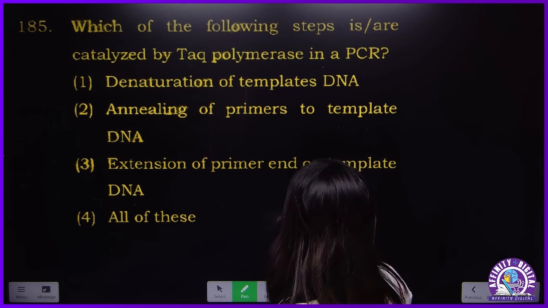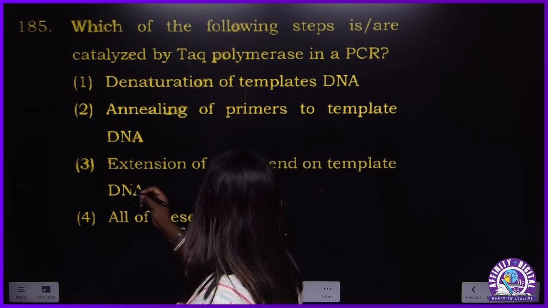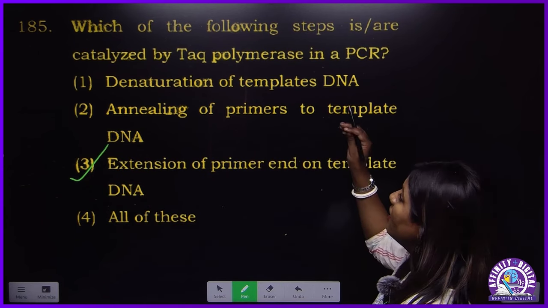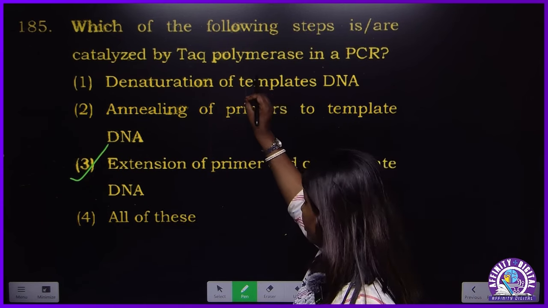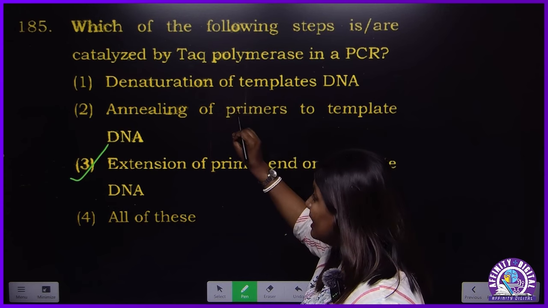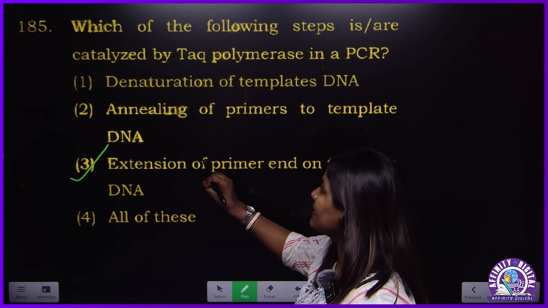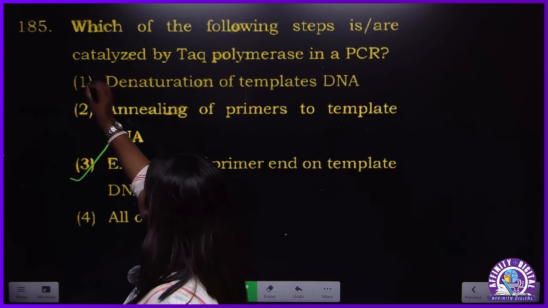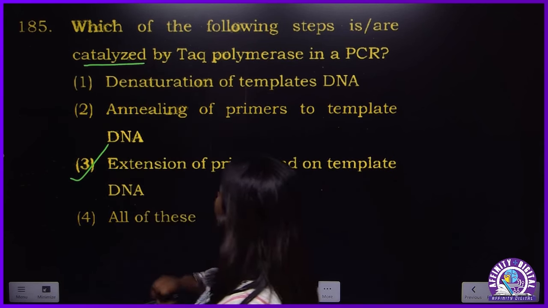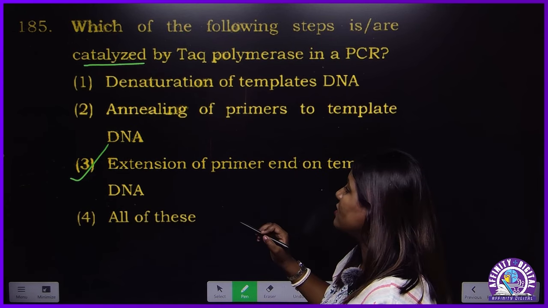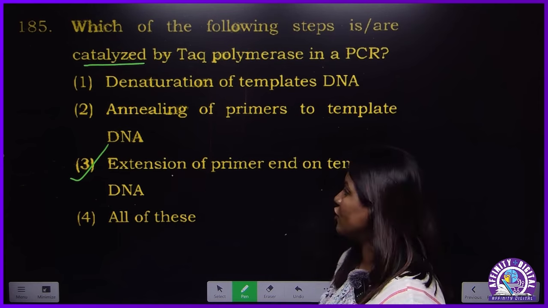It is the extension of the primer end on the template DNA. No doubt ये मौजूद रहेगा डीनेचुरेशन प्रोसेस में, एनिलिंग स्टेप में, लेकिन वो मदद करेगा इन द एक्सटेंशन स्टेप. Don't get confused, even if they are present in denaturation step and annealing step. वो catalyze कौन से reaction को करेगा? Extension process.